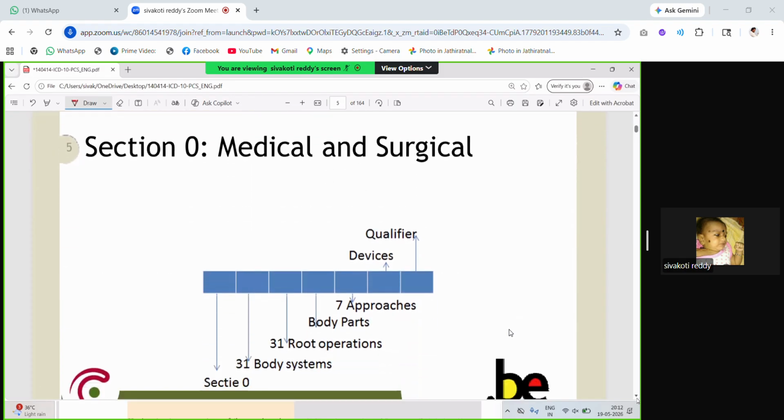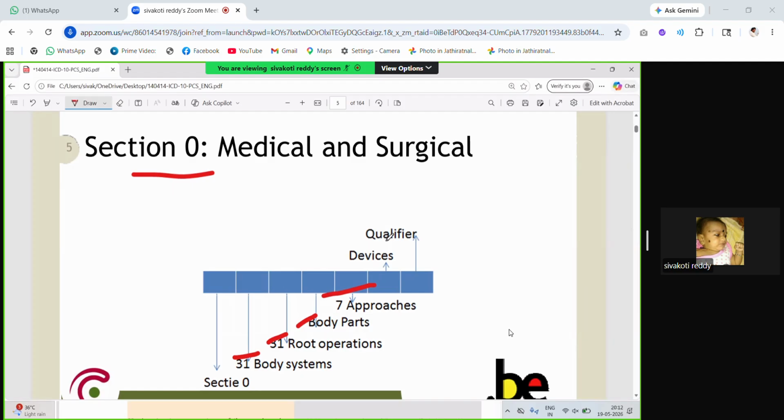Our procedure starts with 0, so what is the second character in the PCS code? Body system. Here we have a total of 31 body systems and 31 root operations. The fourth character represents body part. The fifth character is approach, with a total of 7 approaches, then device and qualifier.